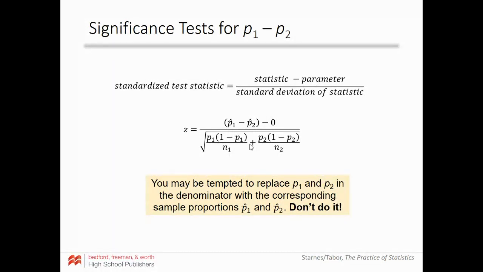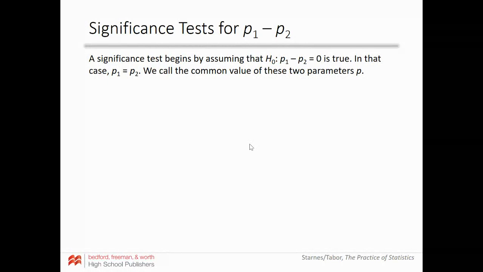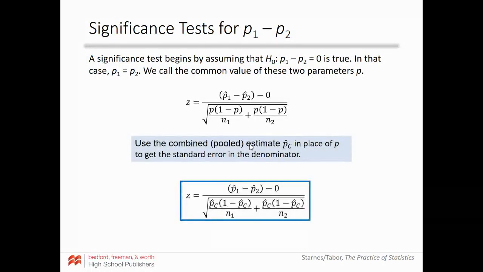But be careful here. You might just go right in and plug in p hat 1 and p hat 2, like you would for the confidence interval. But like I said, there's one big wrinkle here, and I want to make sure we don't make that mistake. We actually use the pooled proportion here.